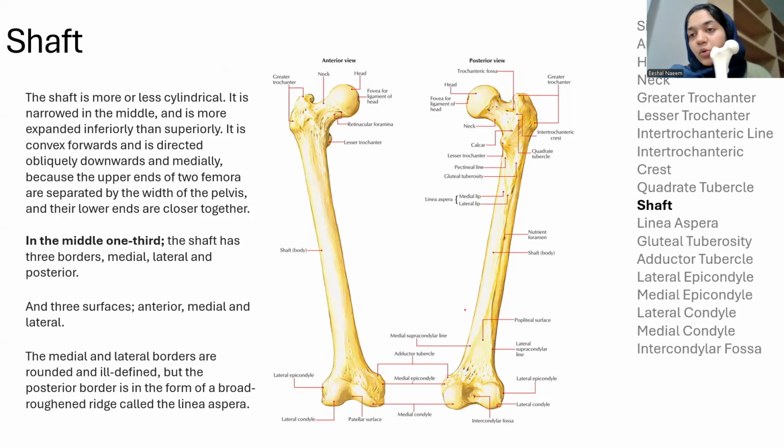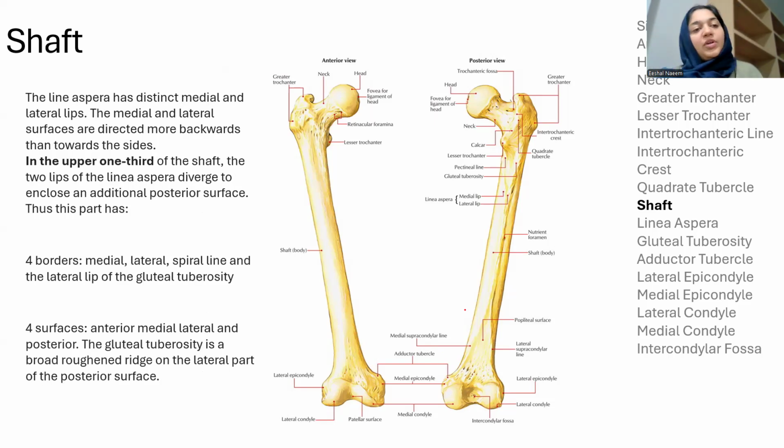Therefore, in the upper and lower end, it has four borders and three surfaces, because the linea aspera diverges posteriorly in the upper part and then diverges again posteriorly in the lower part. The medial and lateral borders are rounded and ill-defined, but the posterior border is very prominent in a very broad form. This is the linea aspera, which has two lips. They diverge up and then it joins together and diverges down again to enclose the popliteal surface.